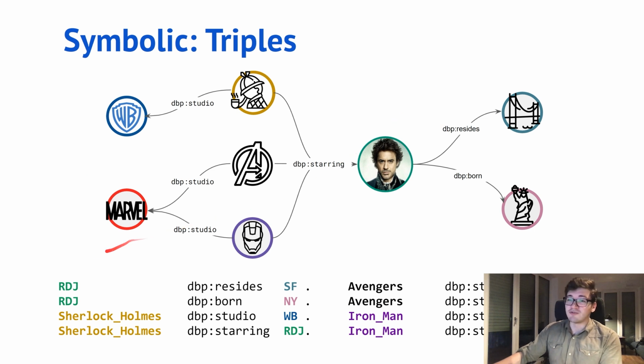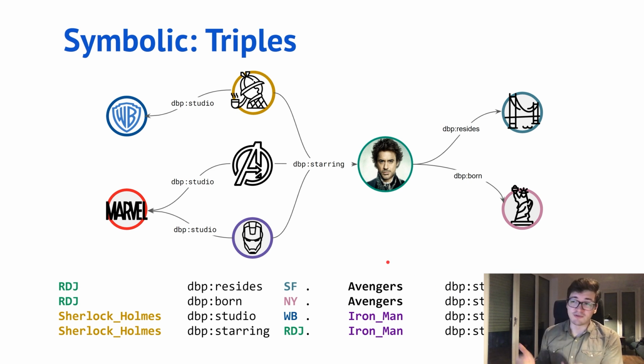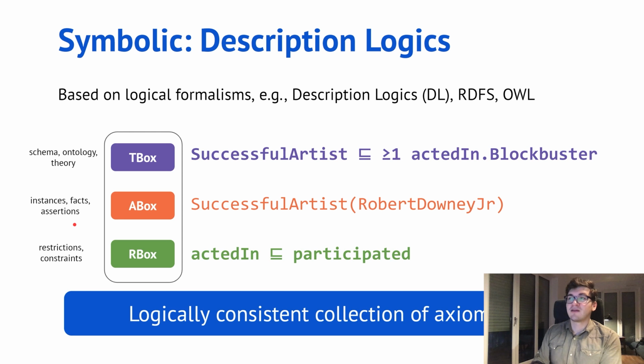Generally, we describe knowledge as triples, like RDJ resides SF, or RDJ born New York, and so forth. Then, for instance, Iron Man was filmed by Studio Marvel. So this is how we use triples to encode graphs symbolically. So we have subjects, entities, we have relations, edges or edge types, and here is how they are organized.